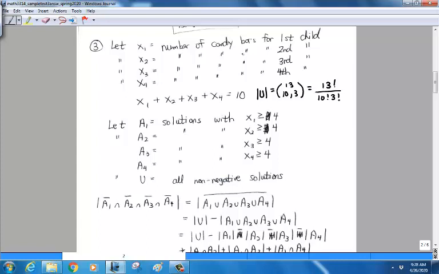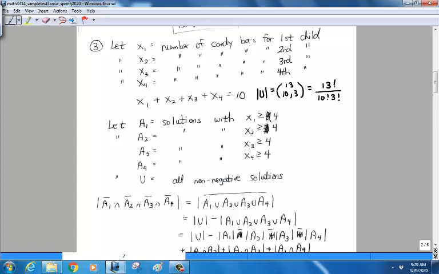Once you've defined these subsets of solutions, A1 through A4, notice that the set of solutions we're interested in is the intersection of the complements of these four sets. The complement of A1, the solutions where x1 is greater than or equal to 4, is the solutions where x1 is less than or equal to 3.